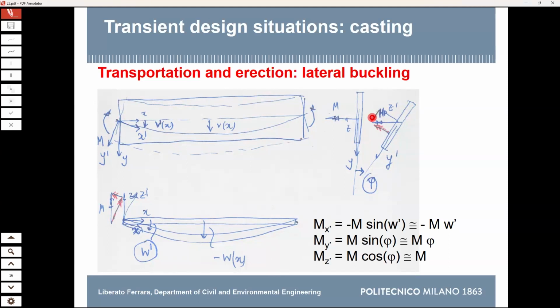The other fact is that if you look at it not from this point of view, but from the top, this is X, this is Z, your bending moment is this blue one here. This bending moment acquires a component like this, but also acquires a component along the axial direction.